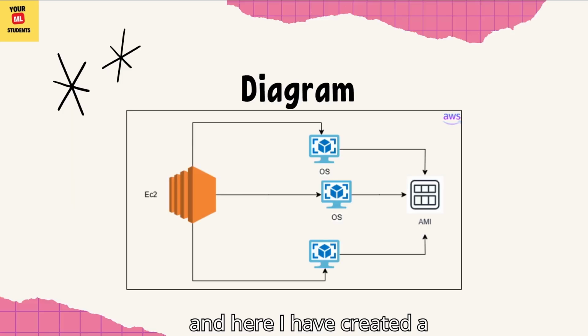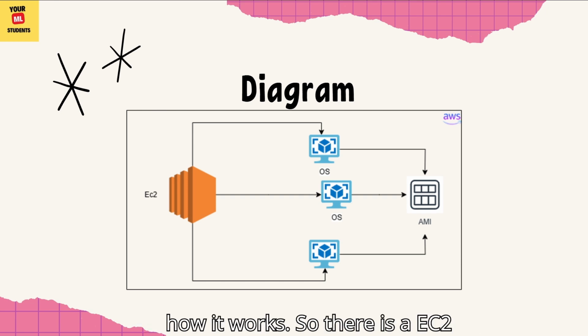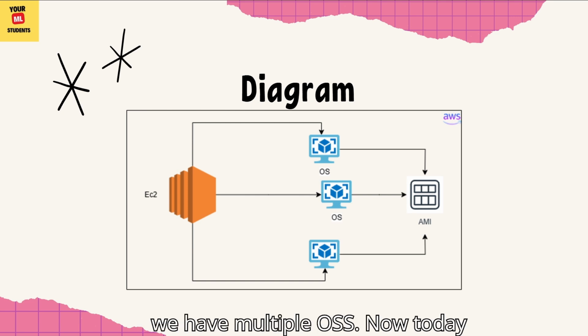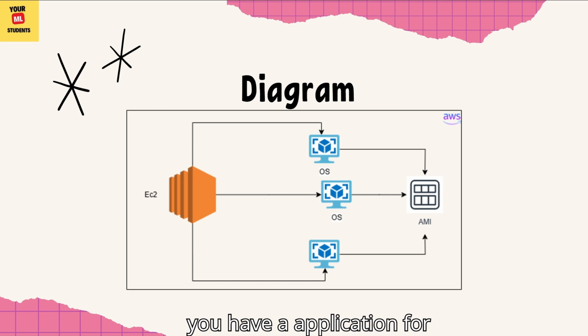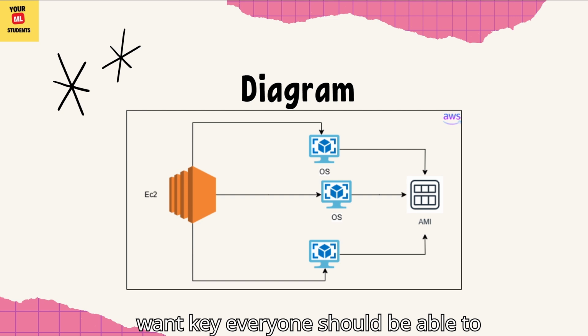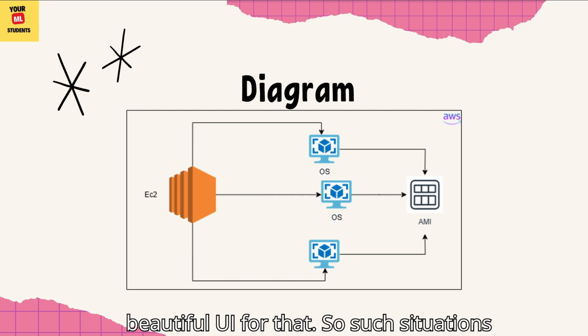And here I have created a very simple diagram to explain how it works. So there is an EC2 instance here, and we have multiple OSs. Say you have an application, for example a chatbot, and you want to deploy that. You want everyone to be able to access your chatbot, and you have a beautiful UI for that.